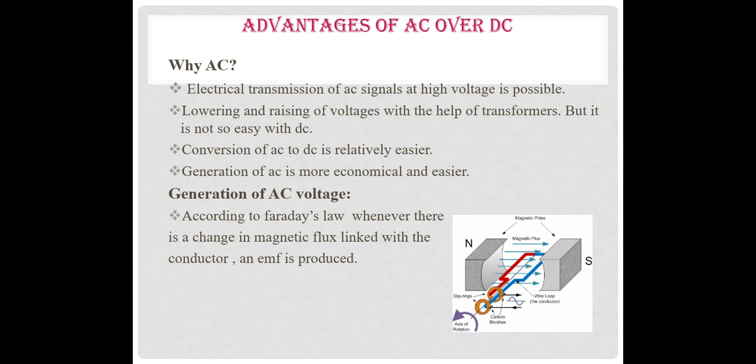If we explain it another way, when we keep the coil parallel to the magnetic field lines, the lines will not be cut by the rectangular coil, but when we keep it perpendicular to the magnetic field lines, the lines are cut by the rectangular coil, and the change in magnetic field produces an EMF, and that EMF is an alternating EMF, right.